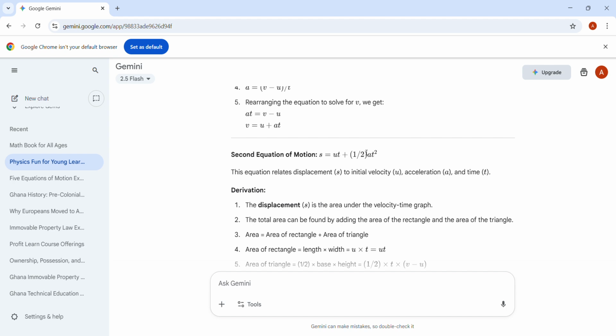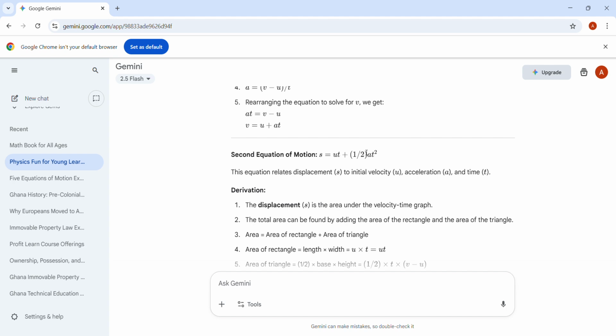Okay, and if you split it, we're going to have ut over 2 plus a over 2 times t is equal to s. So if we allow this one to move just like we did, let me just get it here so that it becomes easier.